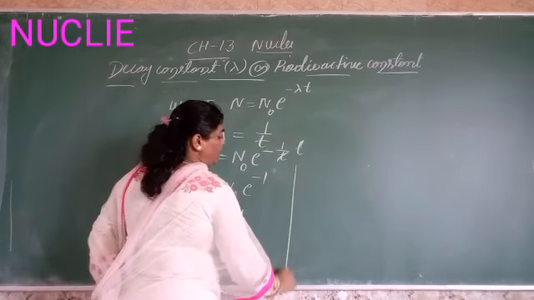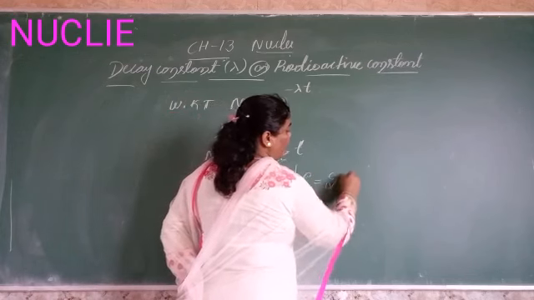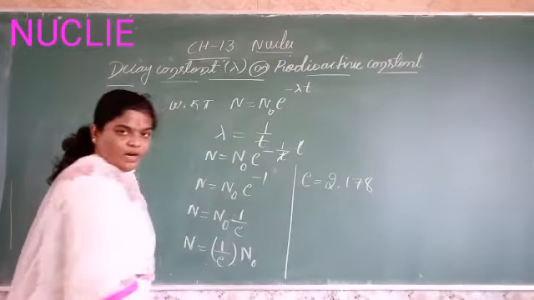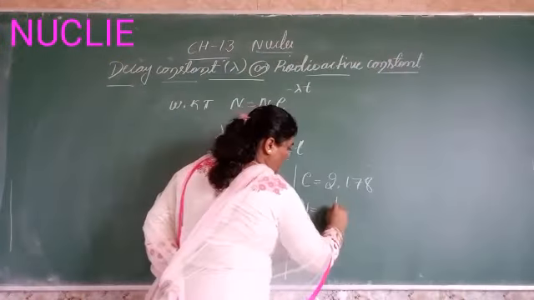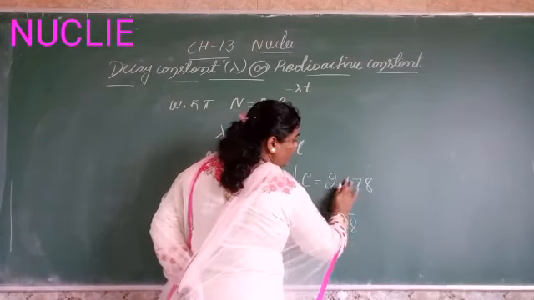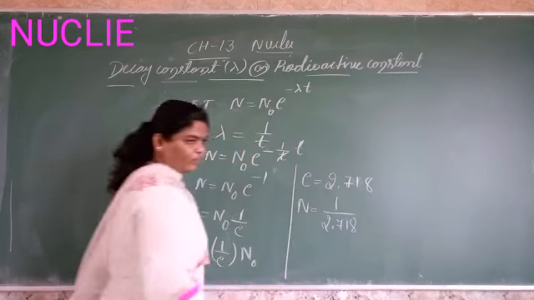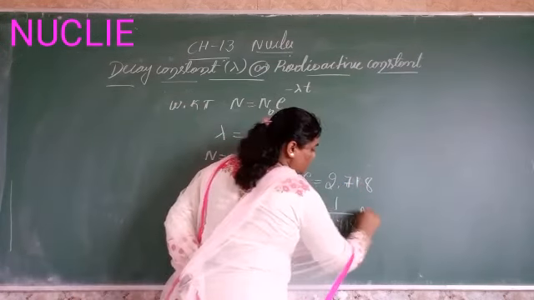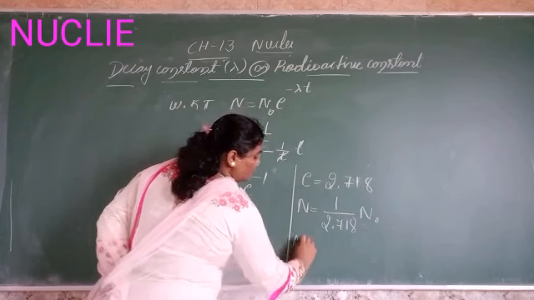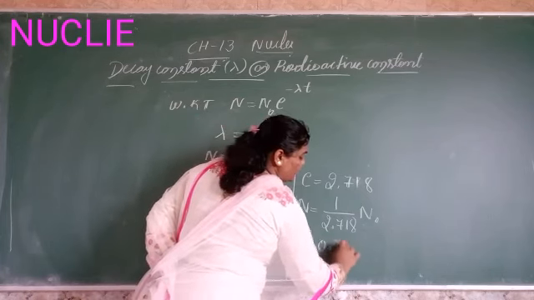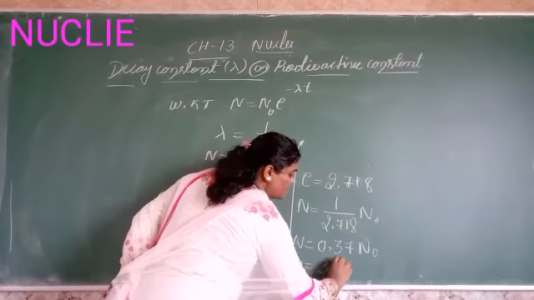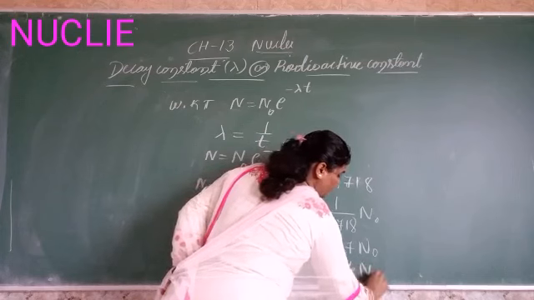The value of e is 2.718. Substituting this value, n is equal to 1 divided by 2.718 into n naught, which is 0.37 times n naught. That means n is equal to 37% of n naught.